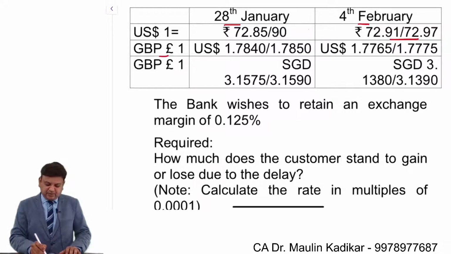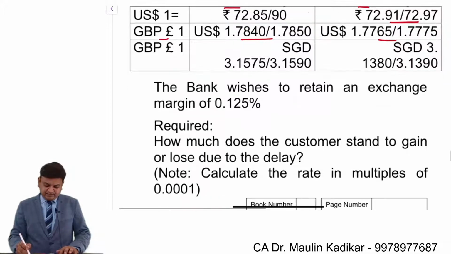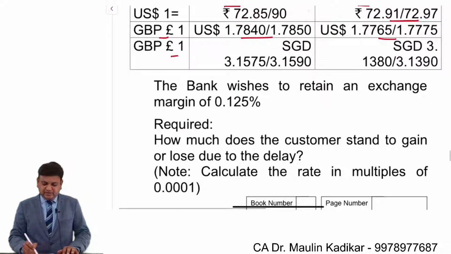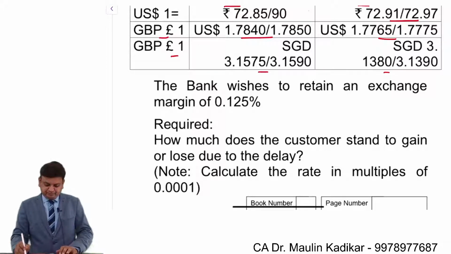For Great Britain pound 1.7840, 1.7850, 1.7765, 1.775.